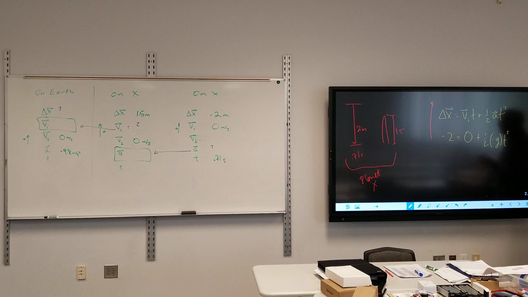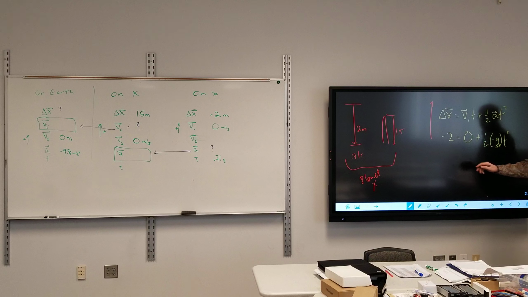The only force acting on it as it's falling is the force due to gravity. Therefore, the acceleration due to gravity, since we said up was positive, would be negative little g. I'll put a little g sub x there because it's really the acceleration due to gravity on planet X.